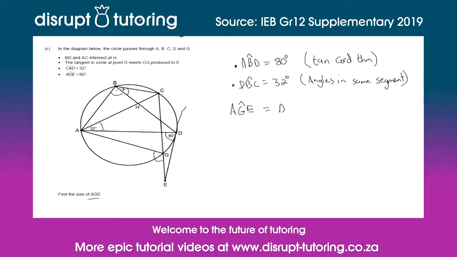So basically we can write that angle ABD plus DBC are equal because, as I said, exterior angles of a cyclic quad. If we substitute those in, we get that angle AGE, emphasis on the G, should equal 80 plus 32, which gives us 112. And that's the final answer.